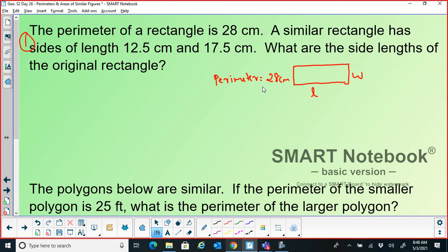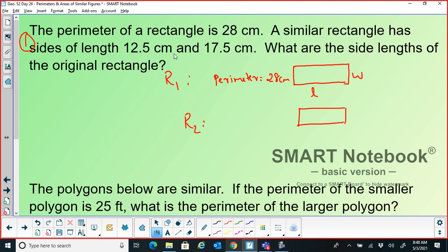A similar rectangle, the second one. This is my rectangle 1, I'm just calling it R1, and this one let me call rectangle 2.